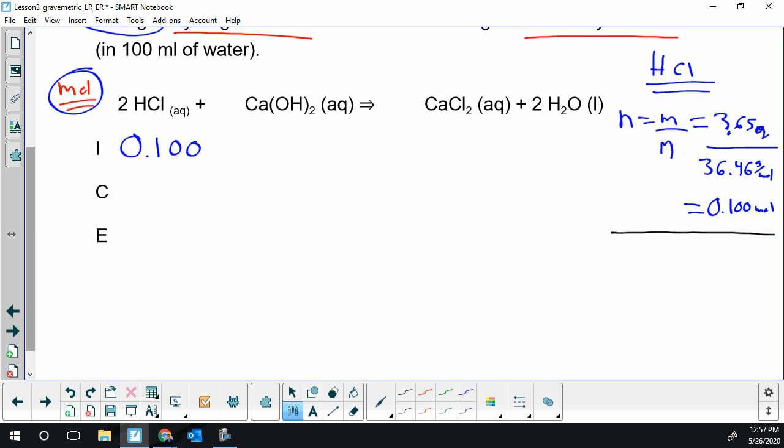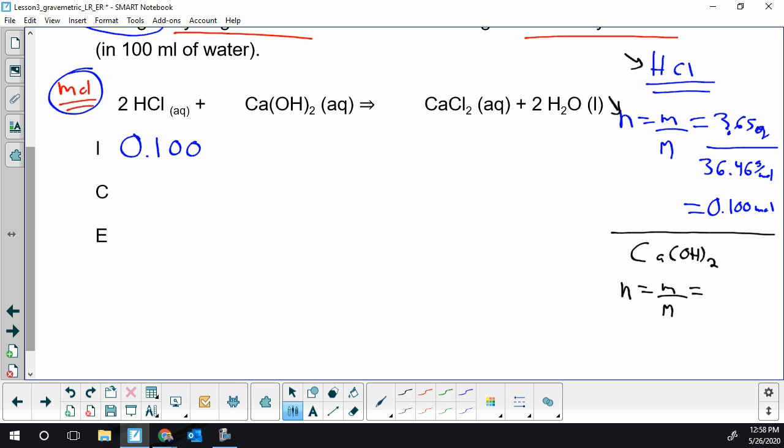Second calculation, calcium hydroxide. And I really encourage you, I know you're online right now and you're going to be doing tests online and I don't see your work, but I really love when students put a little heading above their written work. So everybody will be taking Chem 30, and often students will just start calculating moles, and as a teacher I'm not sure what calculation they're doing, but once I see a heading, HCl, I know exactly what you're trying to do, and if you make a mistake I can figure it out so much faster.